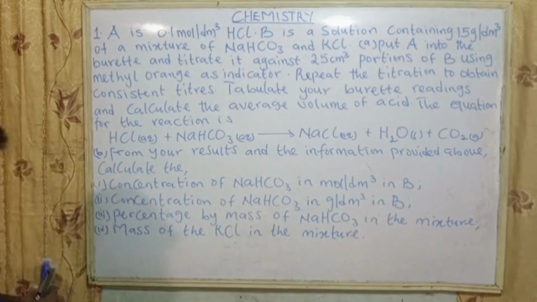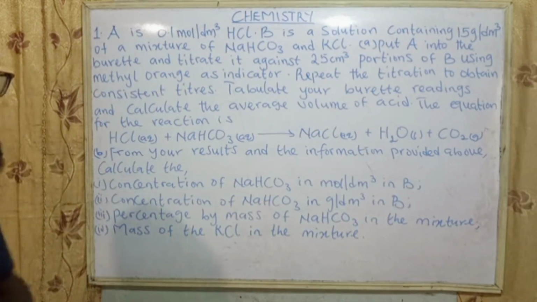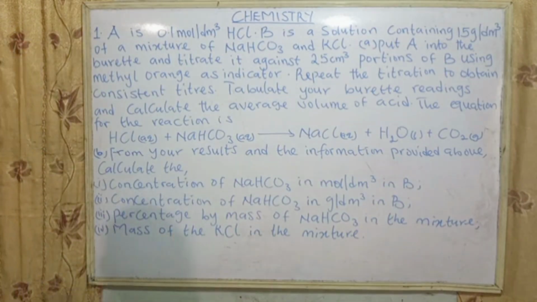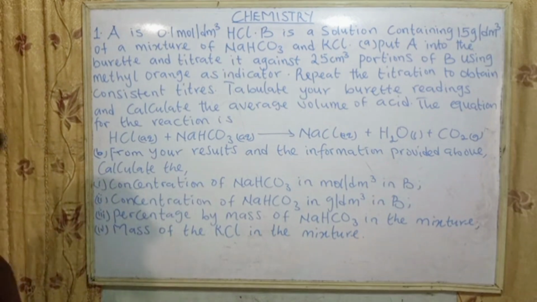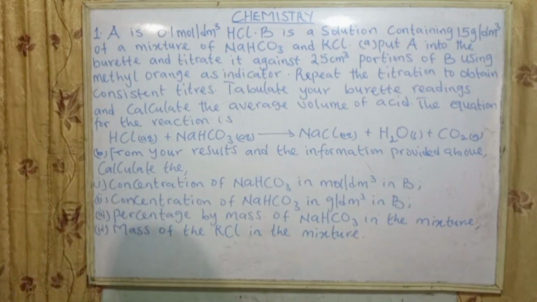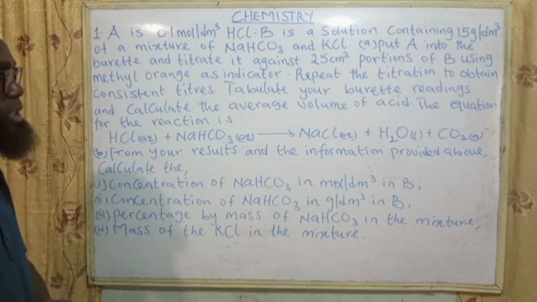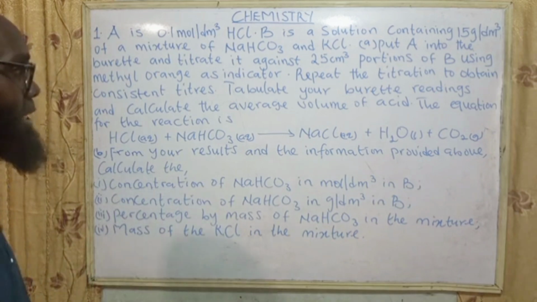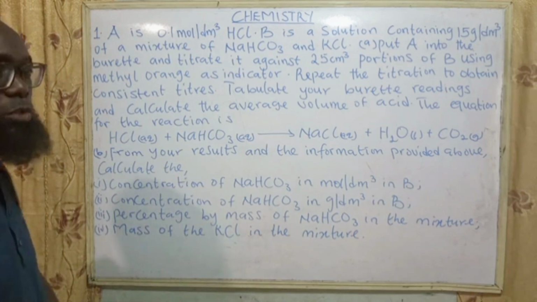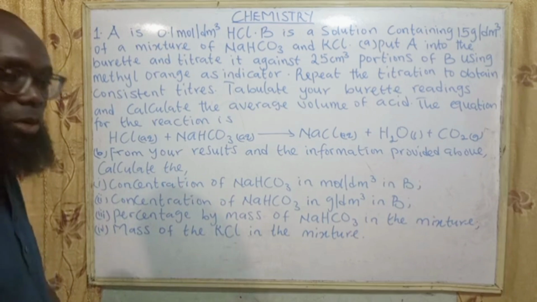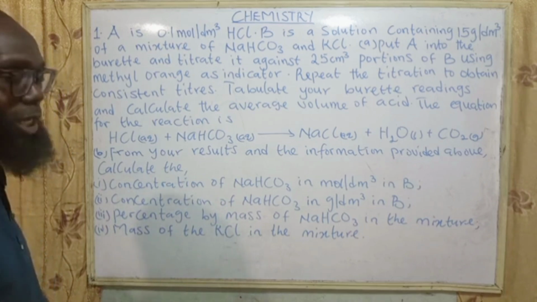The first question we are going to be considering in these predicted questions is question 1. A is 0.1 mole per dm cube HCl. B is a solution containing 15 grams per dm cube of a mixture of sodium hydrogen trioxocarbonate 4 and potassium chloride.